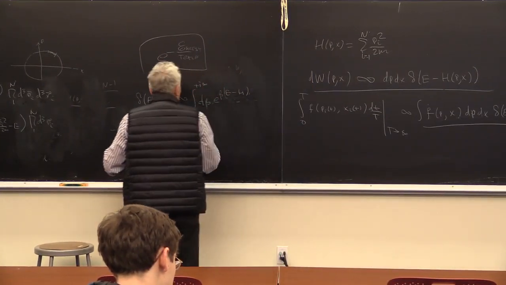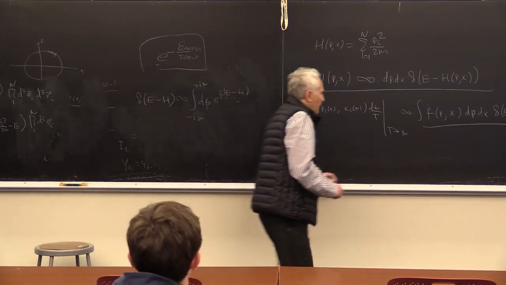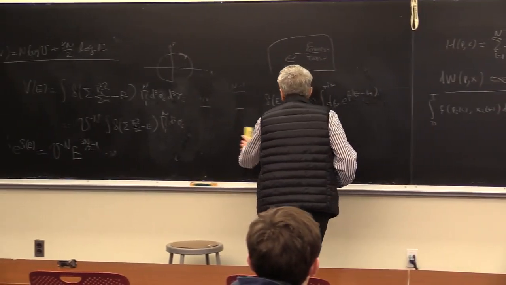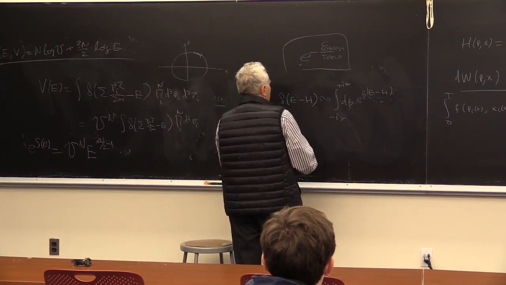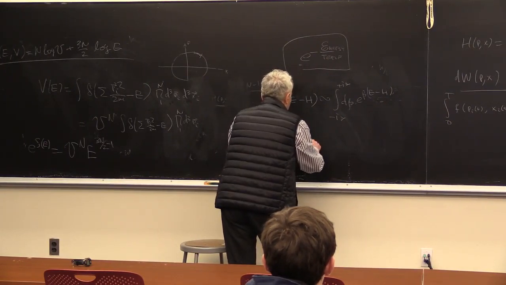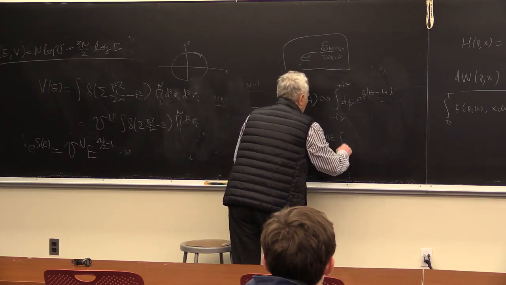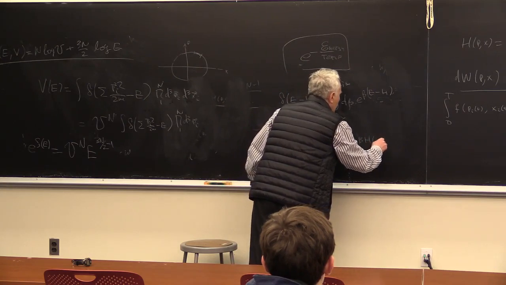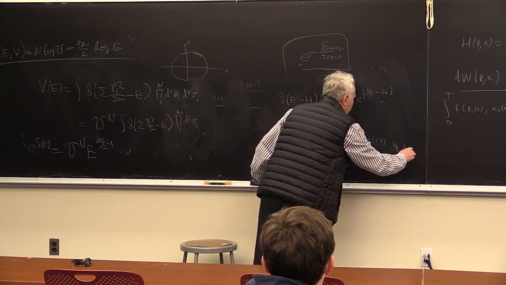Anyway, you see that what's happening here is that e to the entropy is equal to the integral over d beta, and here we have e to the minus beta h of p and x, dp dx.